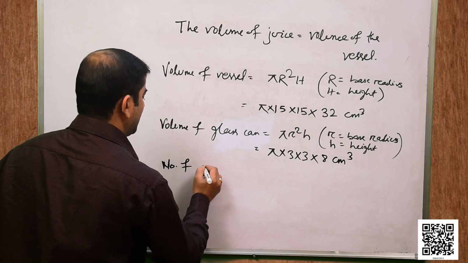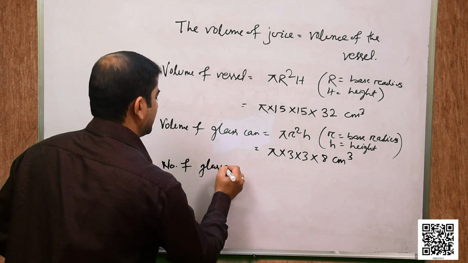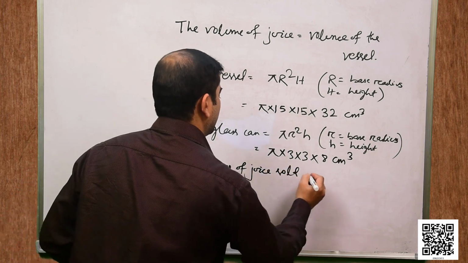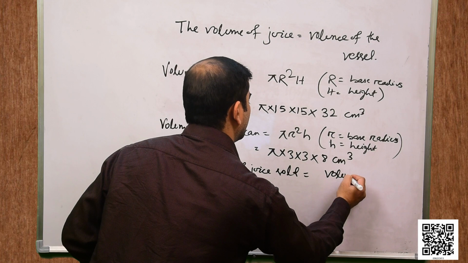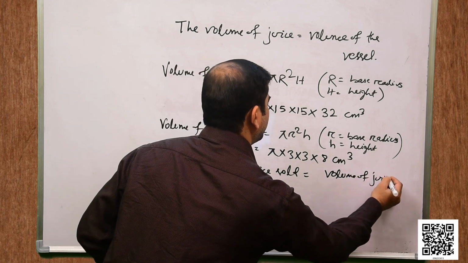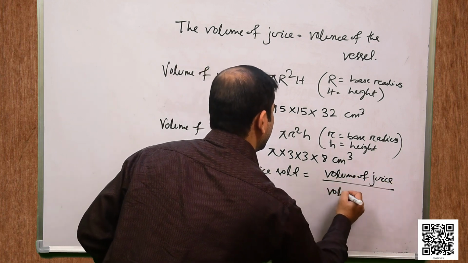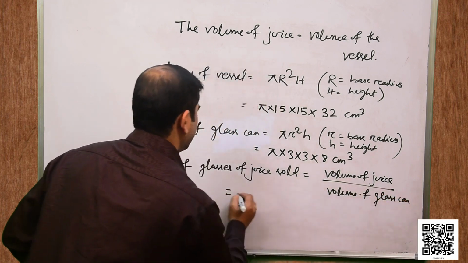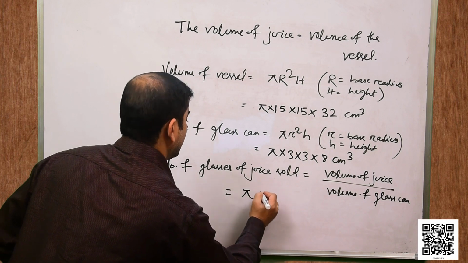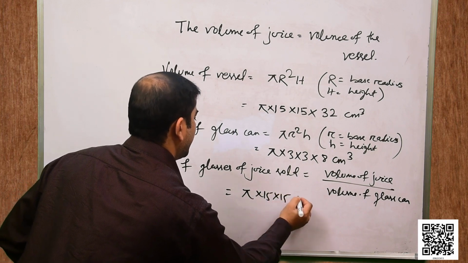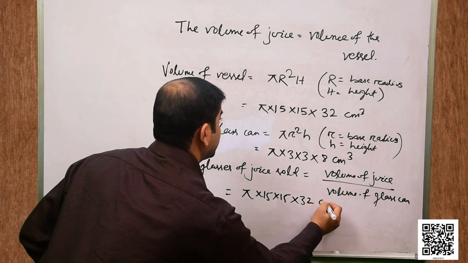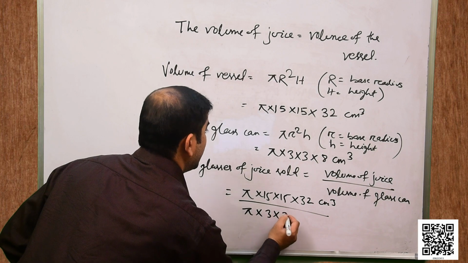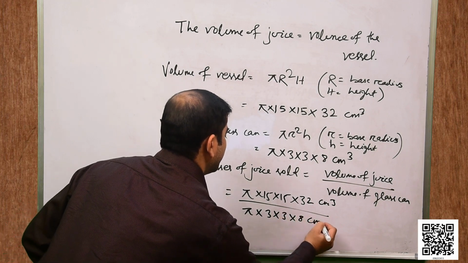So number of glasses of juice sold is equal to volume of juice divided by volume of glass can, that is equal to pi into 15 into 15 into 32 centimeter cube divided by pi into 3 into 3 into 8 centimeter cube.